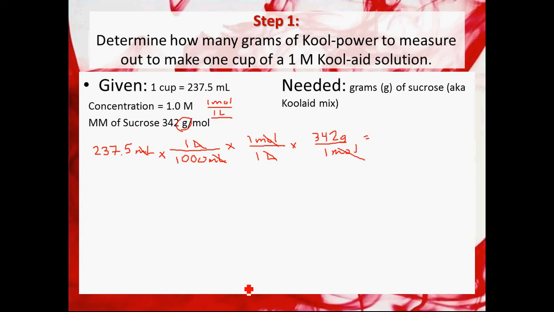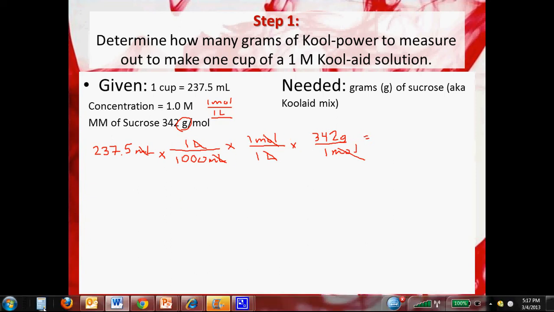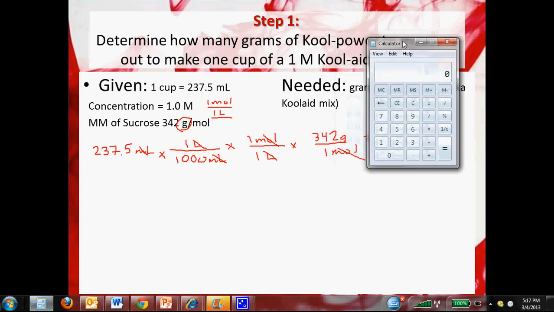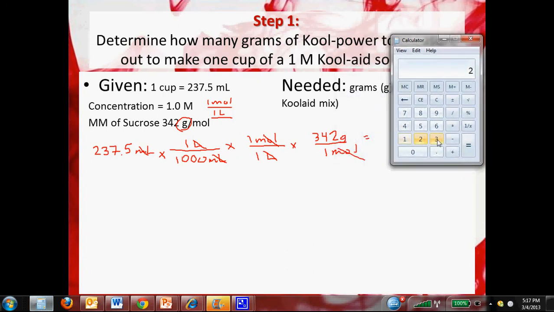So when I plug this into my calculator, I type in 237.5 times 342 divided by 1,000. Hopefully this is right.